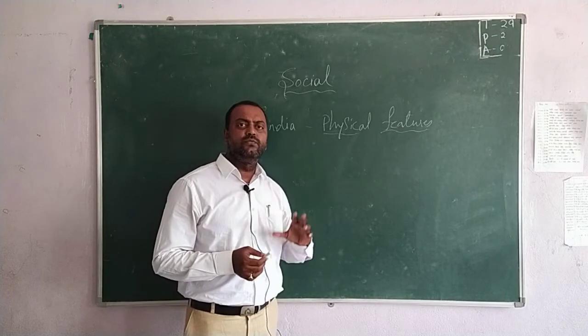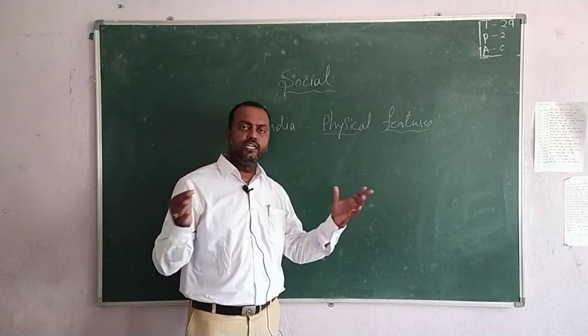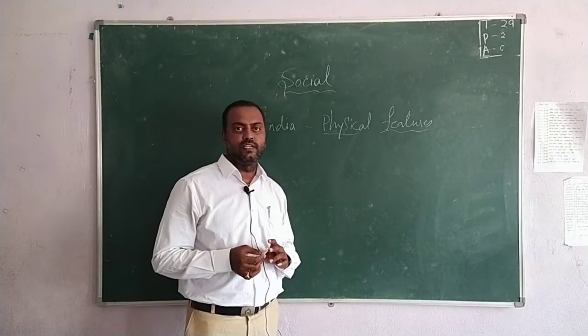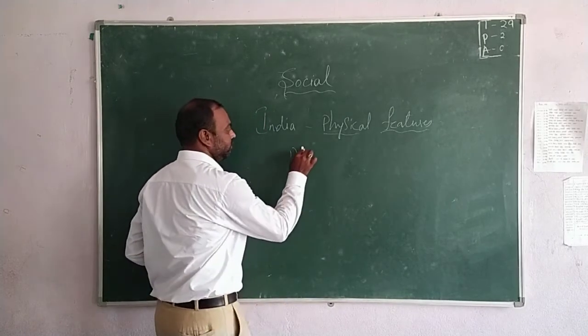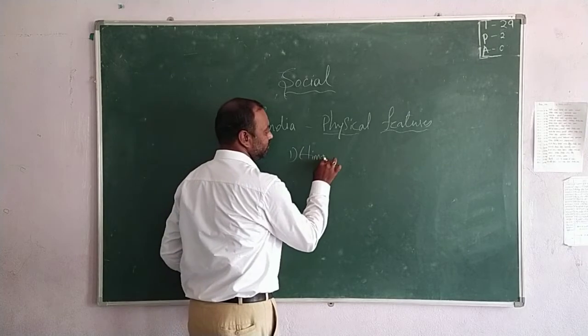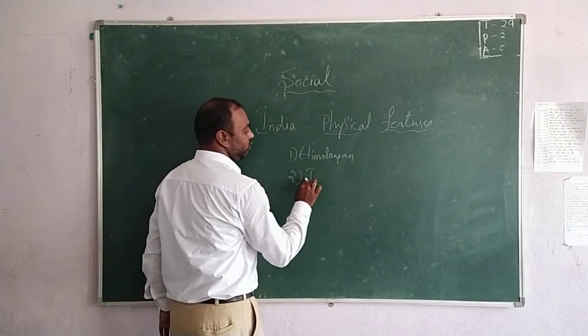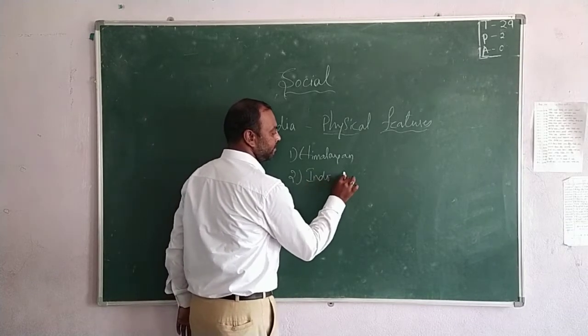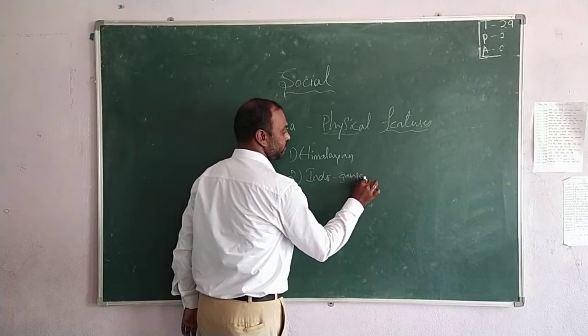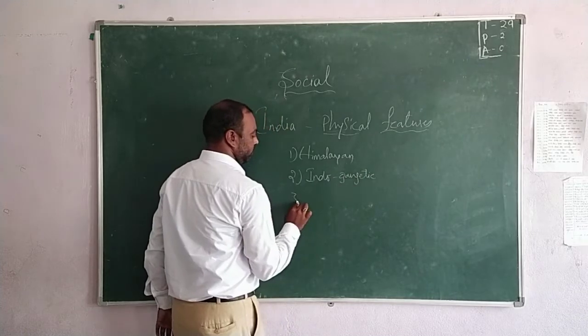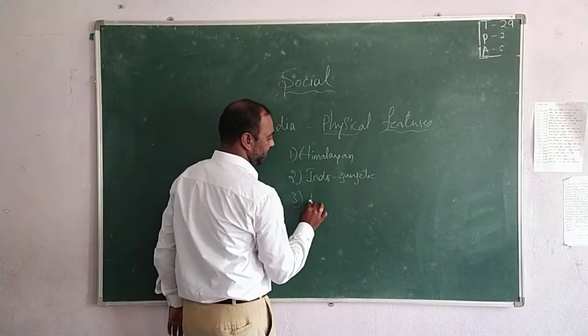The Indian physical features are broadly divided into 6 physical features. The first one is Himalayan mountain ranges. Second one is Indo-Gangetic plain. Third one is Peninsular plateau.